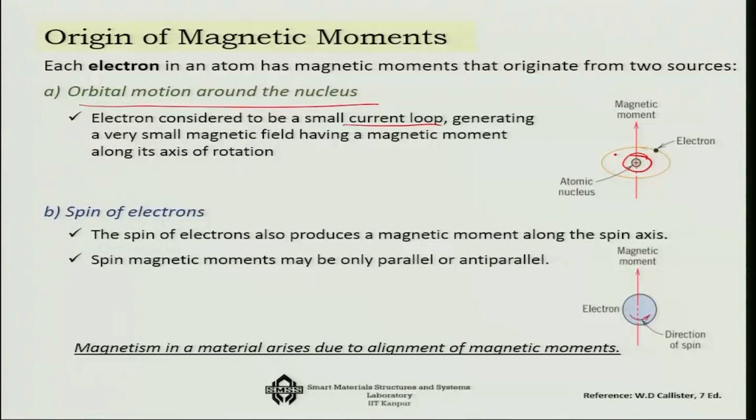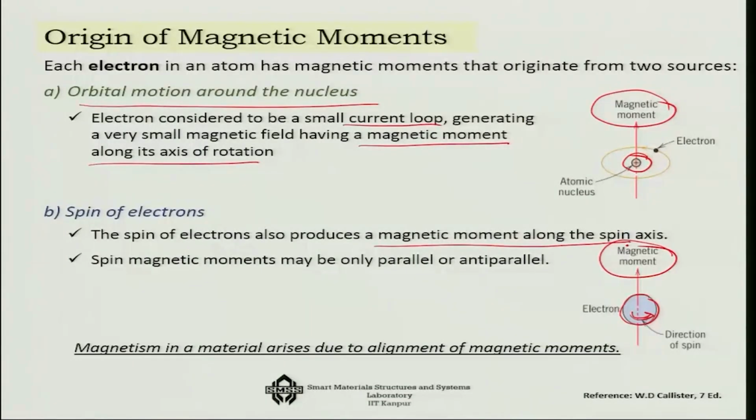So each electron during its motion must generate a magnetic moment along its axis of rotation. Then there is the spin of electrons. This also produces a magnetic moment along the spinning axis of the electron. So each individual electron is spinning, and that is creating a magnetic moment.